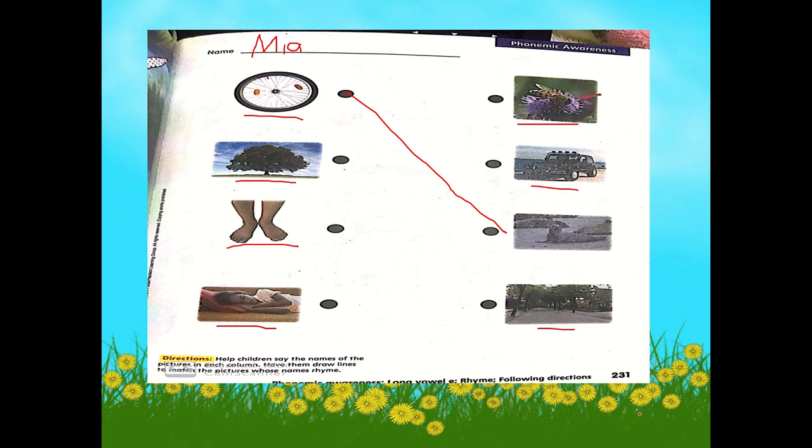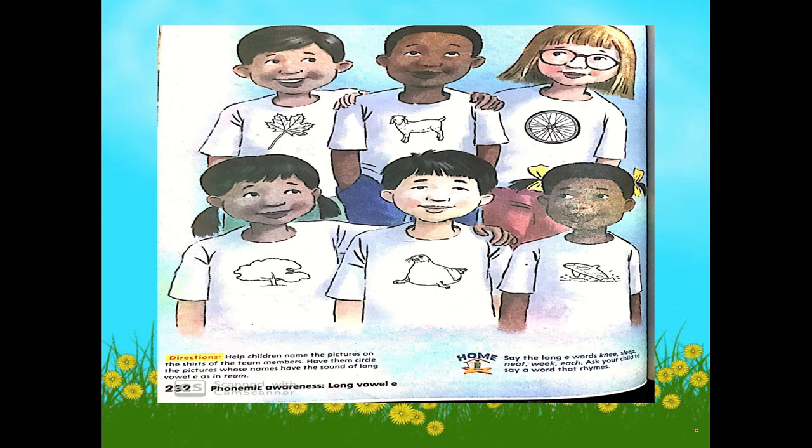Good job, Cages. Now, turn your book on page 232. Now look at these children. How many children do you see? There are 6 children. Now these children form a group or form a team.